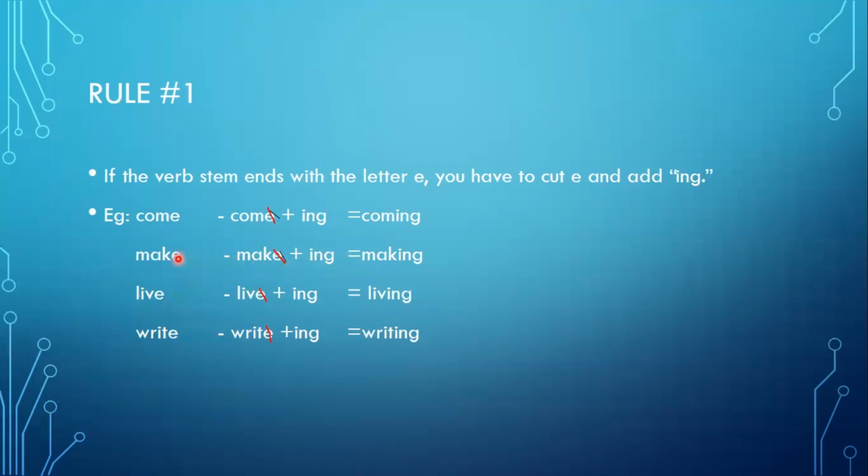You have to apply the same rule for live and write or any other verb that ends with letter E. Remember, you cannot add ing when the letter E is there at the end of the verb. If you write like that, it's wrong. Hope you have understood.